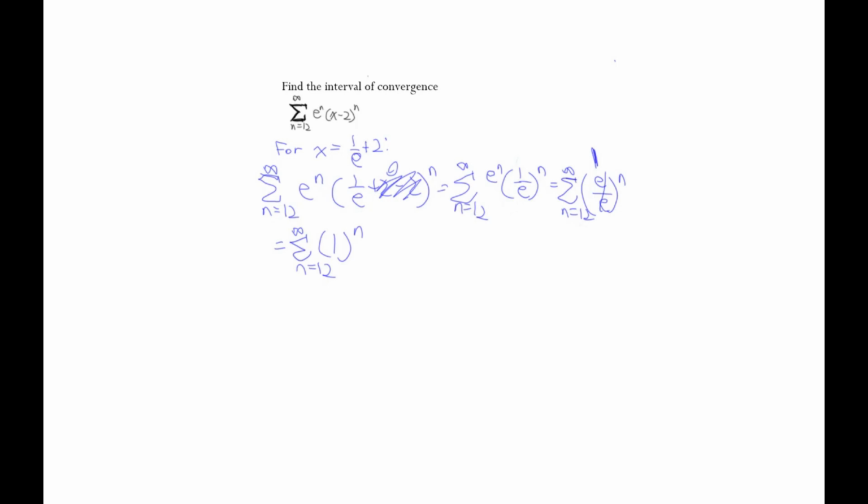Basically, we can tell whether this diverges or converges by looking at it as an infinite geometric series, as the format of an infinite geometric series is that it starts somewhere, c times r to the n. In this case, our c we can call 1, and our r value we can also call 1.